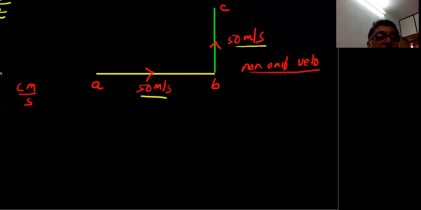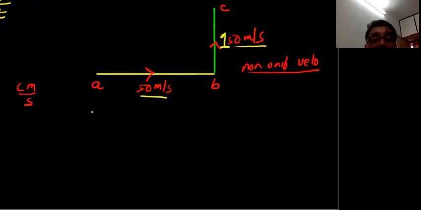The last case we are going to talk about is, let me just make a small change in this example over here. The car is traveling from A to B at 50 meters per second, and it is going from B to C at 150 meters per second.